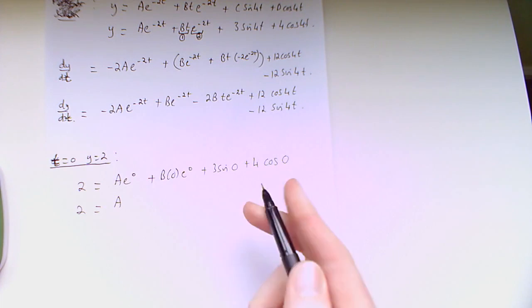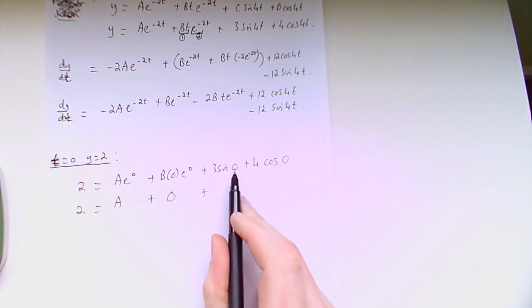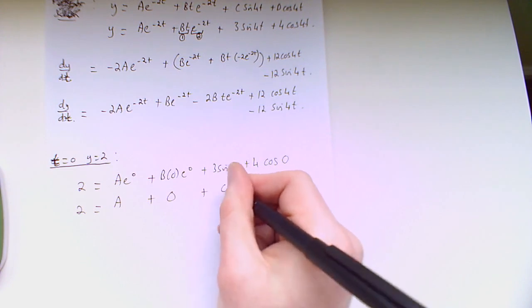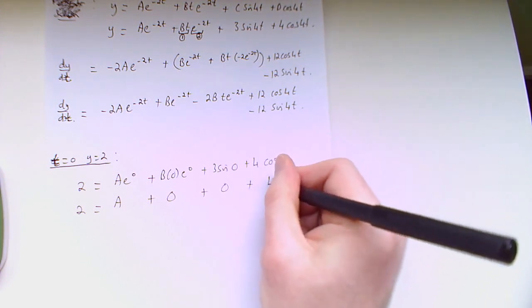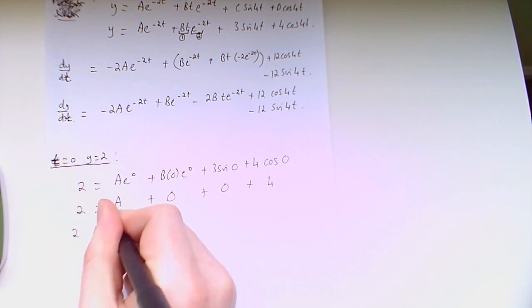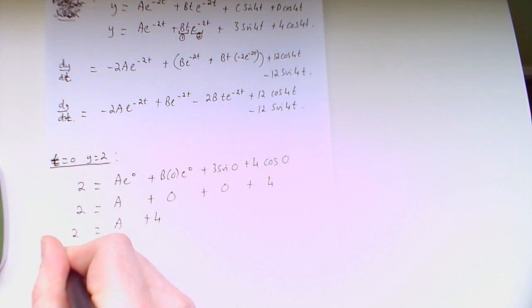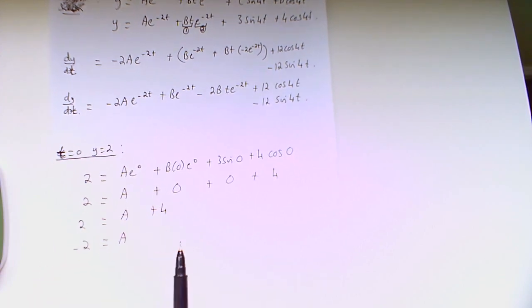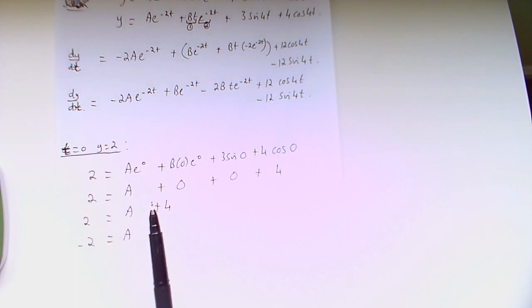That 0 makes that bit go away, so it's going to be 0. Now sin 0 is 0 if you type it into your calculator, and cos 0 is 1, so that just gives me 4. So 2 equals a plus 4, so a is negative 2. Just put the 4 over and it becomes takeaway.